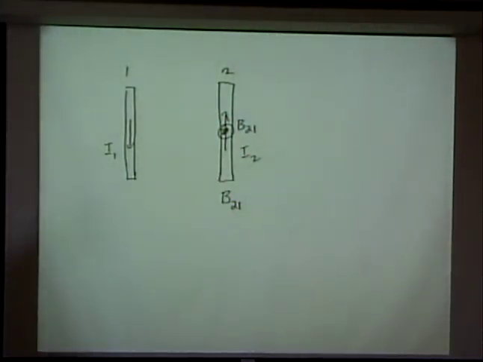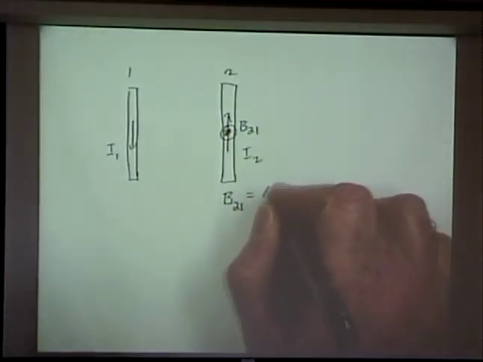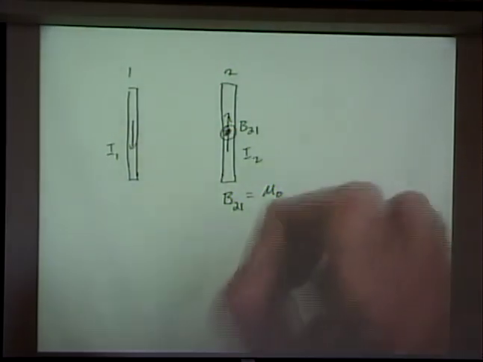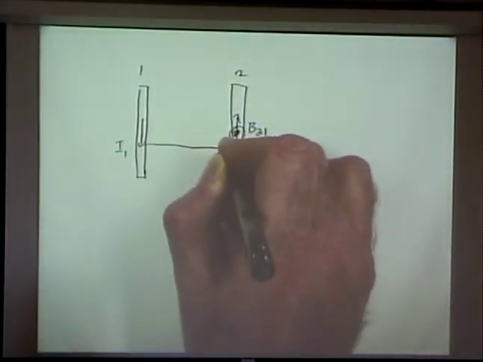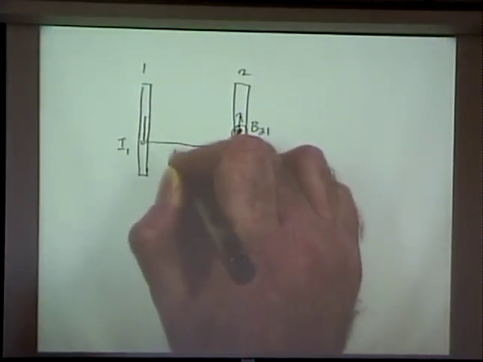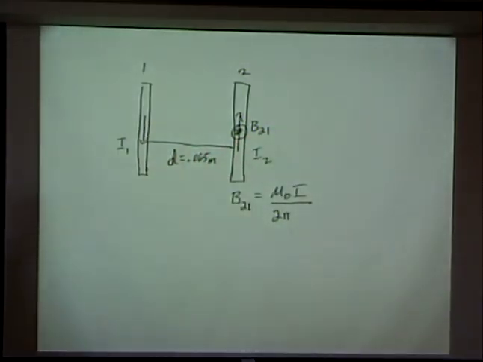It's coming out at you, and that's going to equal mu naught times a current divided by 2 pi times the distance between the two. Let's say the distance between the two, d, is equal to 0.065 meters. They're not very far apart, about 6.5 centimeters apart.